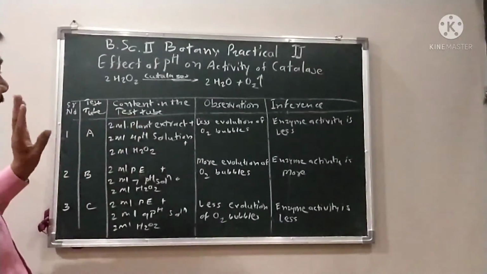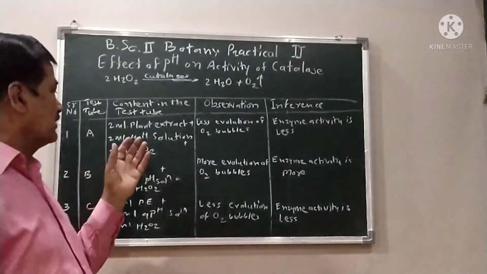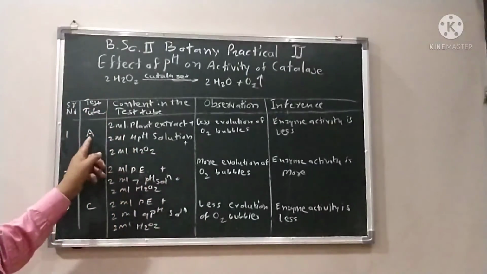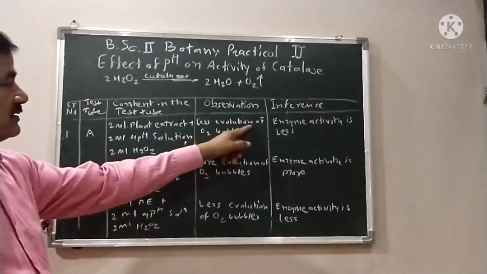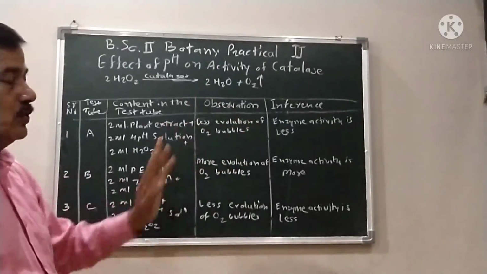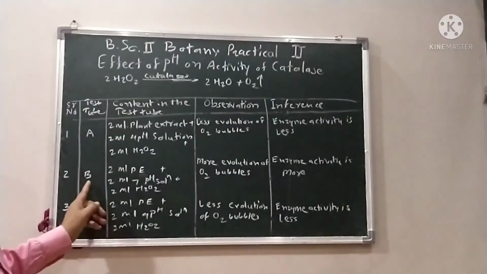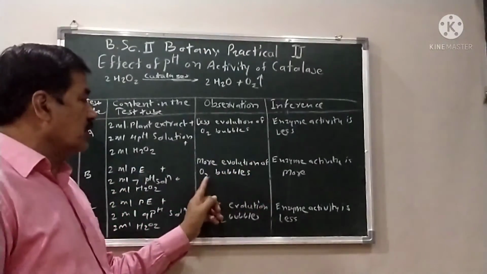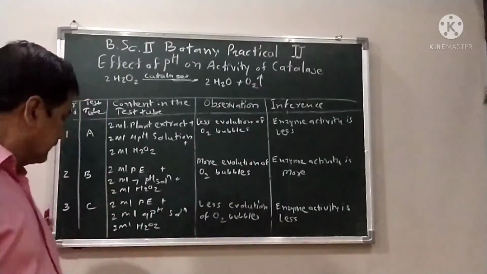Then immediately we observe the observations. In test tube A, there is less effervescence, less evolution of O2 bubbles. In test tube B, there is more evolution, or more appearance, of oxygen bubbles.